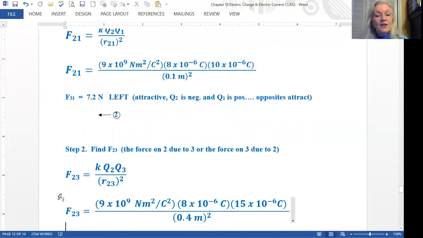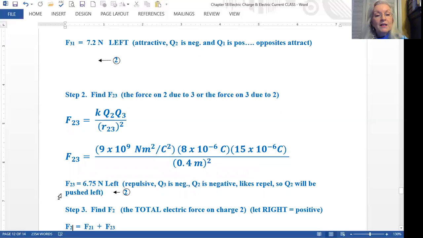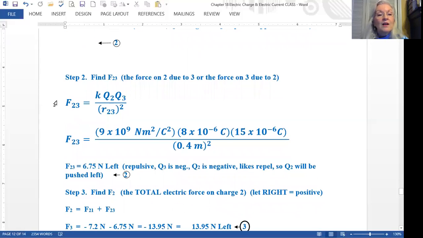We need to do the same thing, but we need to look at charge 2 and what happens to it because charge 3 is there. So the formula, F23 is K Q2 Q3 divided by R23 squared.